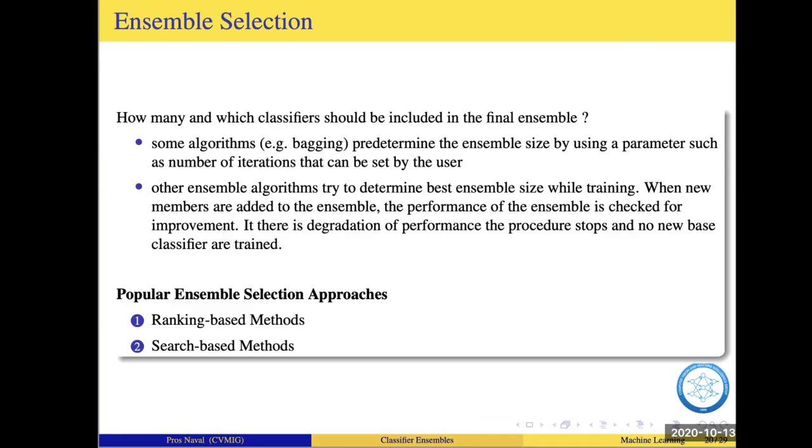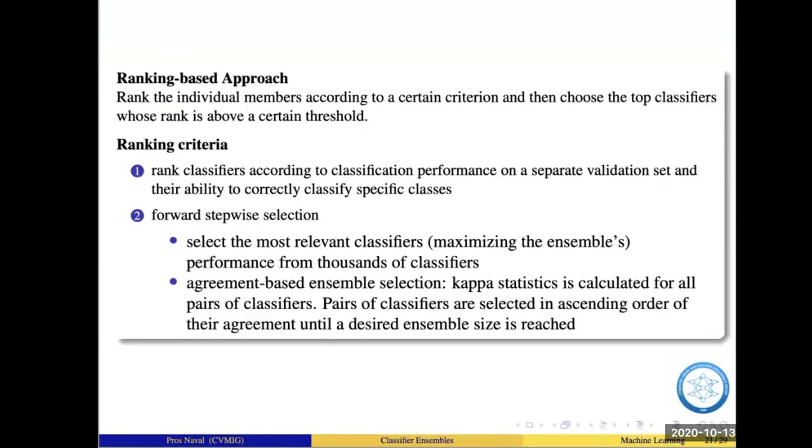Again, how do we select which one should we include in the final ensemble? There are two popular selection approaches, the ranking-based methods and then the search-based methods. We'll discuss both of these briefly. Ranking-based approach.